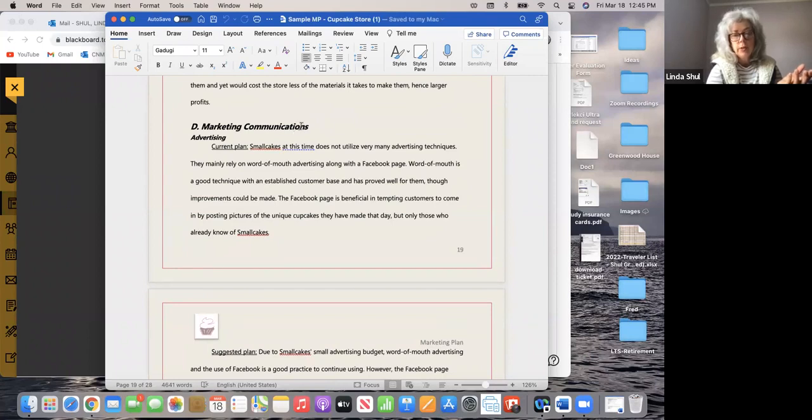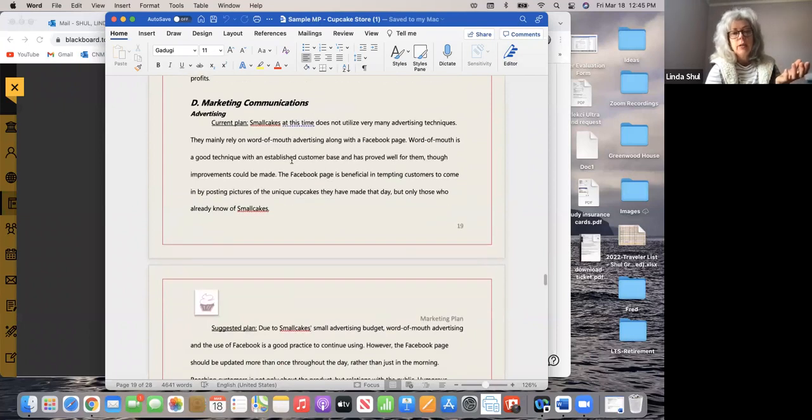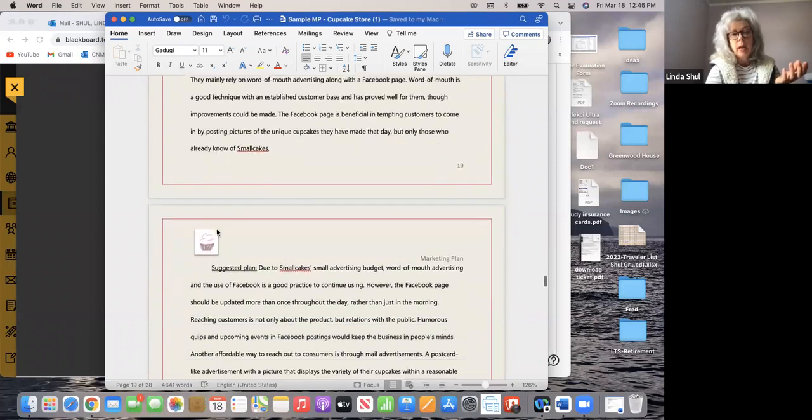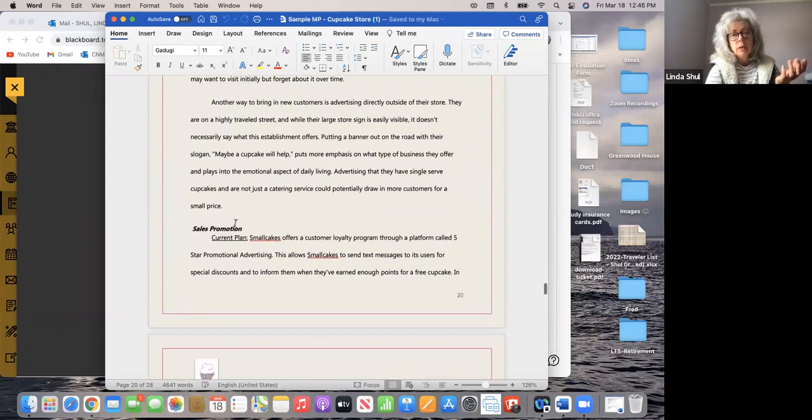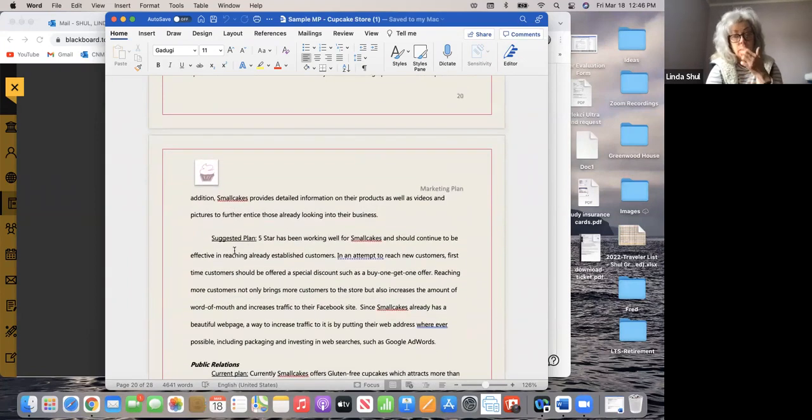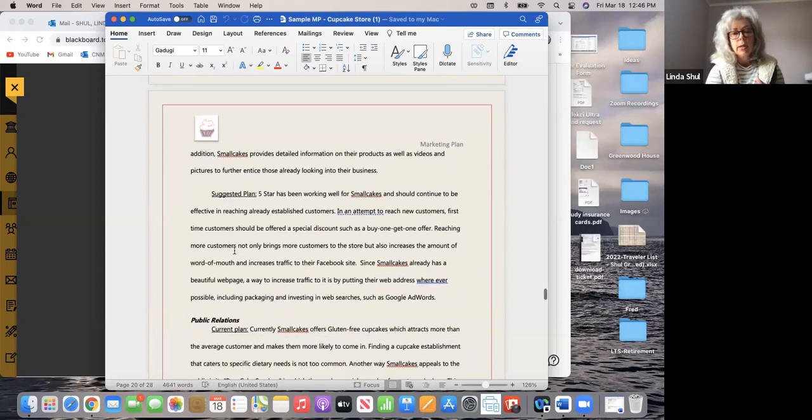This is promotion, and there are different methods under promotion that we'll go into. They did subheadings for each of those methods, like advertising is one, sales promotion is another. Under each of the methods, they did current and suggested, which you're going to have to do for an upcoming assignment. So if you want to work ahead, you can do that. But this is an upcoming assignment that you're going to drop into your marketing plan.